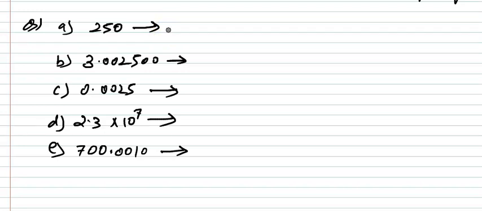Just let me know how many significant digits. Number 1, first one. Who will tell me the answer? Yes, the first one has 2 significant digits. Okay, very good. Next one.